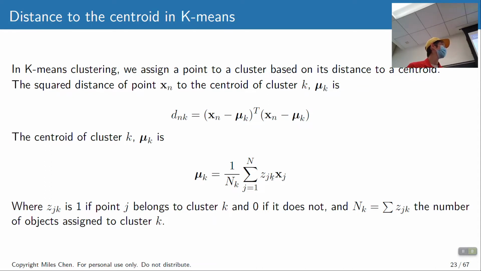Here we go through all of the points in our data set, and if a point is assigned to the cluster, it's going to be a 1, and we add these up and divide by how many points are assigned to cluster k. If it's not assigned to the cluster, we zero it out, so z is going to be a 0. So this is the formula for the centroid of cluster k.